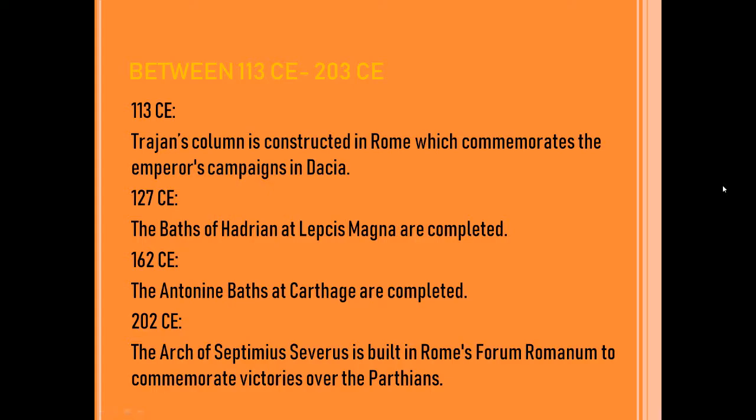In 127 CE, the Baths of Hadrian, I'm pretty sure that's how you say it, were completed, and then the Antonine Baths at Carthage were completed in 162 CE. And then in 202 CE, the Arch of Septimius Severus was built in the Roman Forum, to commemorate the victories over the Parthians.